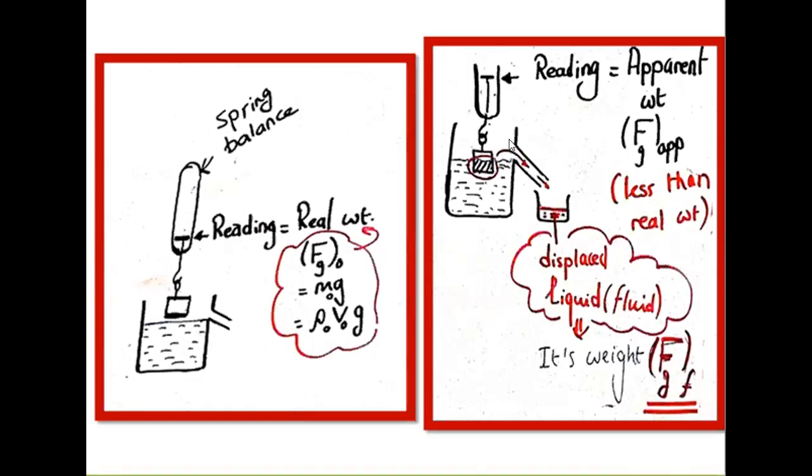At the same time, we will read the new reading of the spring balance, which will be less, because the object seems to be lighter, because it's in the liquid. So we will take the new reading, which will represent the apparent weight, in newtons here, which will be less than the real weight.